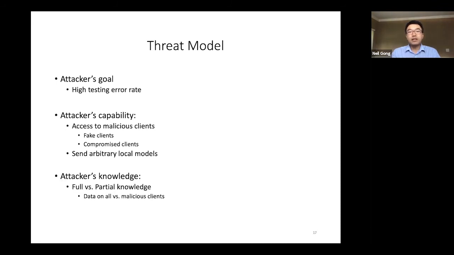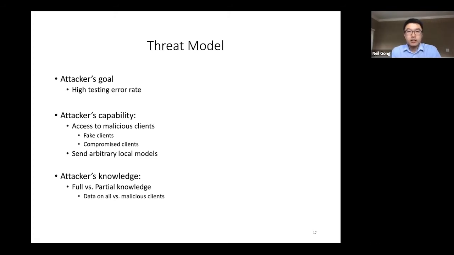In terms of the attacker's background knowledge, we consider both full and partial knowledge scenarios. In the full knowledge scenario, an attacker has access to the local data and local models on all clients. In the partial knowledge scenario, the attacker only has access to the local data and the local models on the malicious clients.